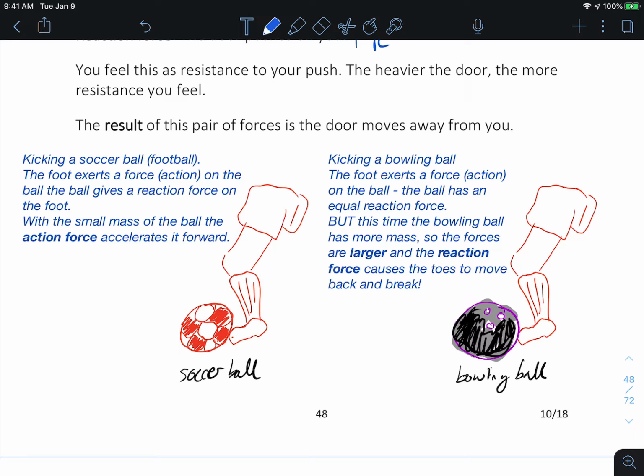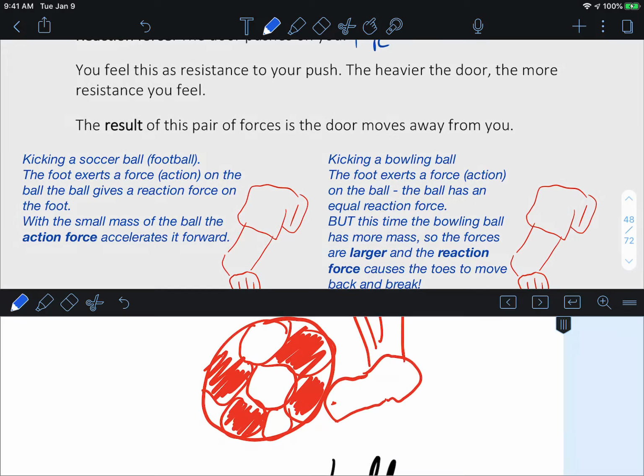So let's think about the soccer ball first. When you kick a soccer ball or a football, if that's the language you like to use, the ball gives a reaction force on the foot. And if you kick a soccer ball incorrectly, you might notice the feeling of that force. So here, this is my soccer ball, and this is my force here.